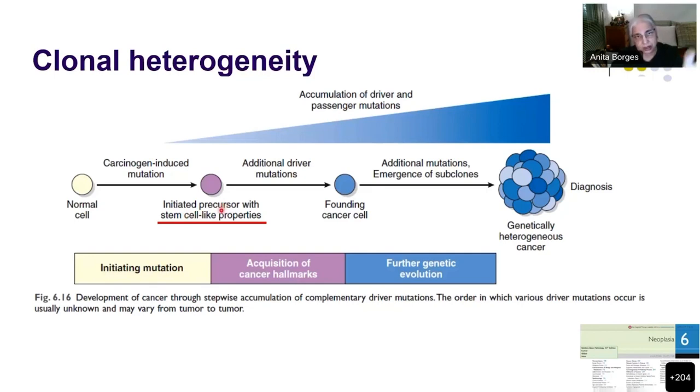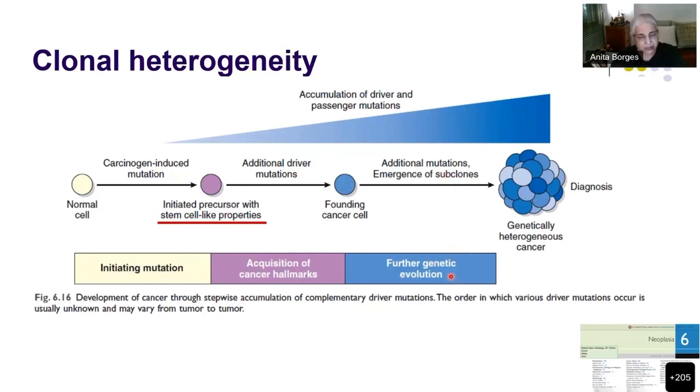So it is slowly accumulating the cancer hallmarks. Then you have additional driver mutations, you have a founding cancer cell, and then there is further genetic evolution.